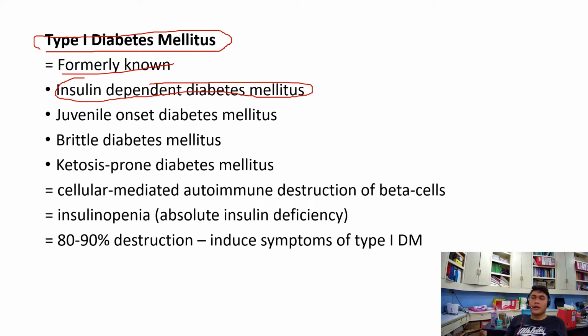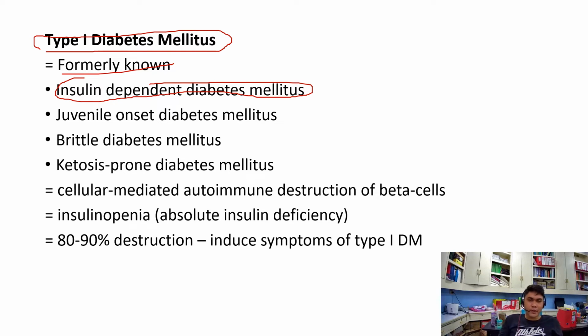Next, cellular-mediated autoimmune destruction of beta cells. That is the cause of type 1 diabetes mellitus because it's an autoimmune disease. So your body is producing autoantibodies that destroy the beta cells. And since there's destruction of beta cells, you have decreased production of insulin.